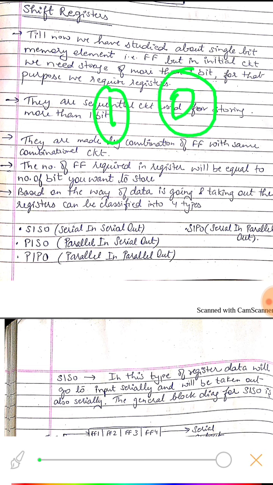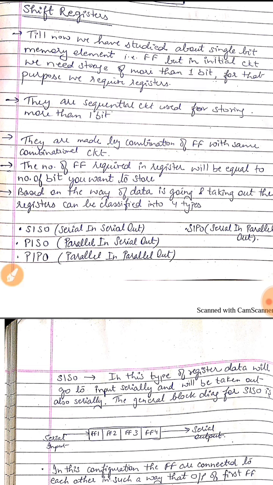So shift registers are basically used to store more than one bit of information. Sometimes in sequential circuits we need to store more than one bit. A flip-flop can be used to store only one bit, but with a combination of flip-flops we can store more than one bit.